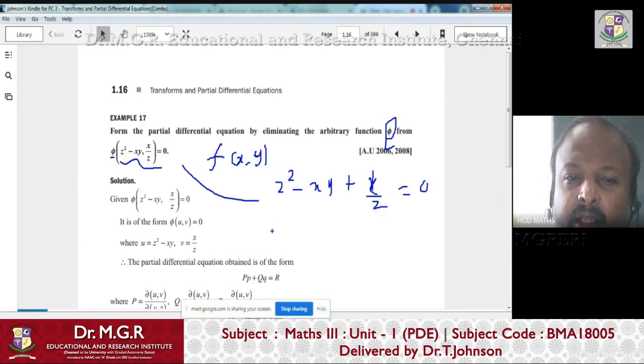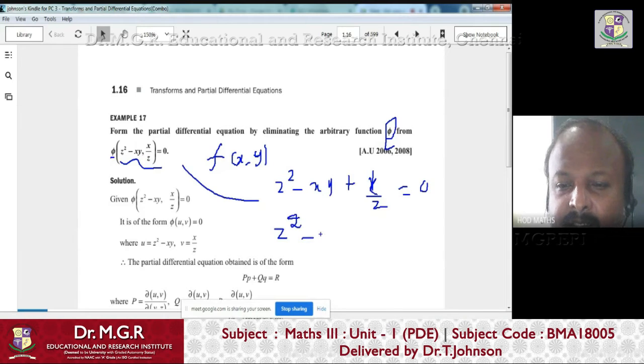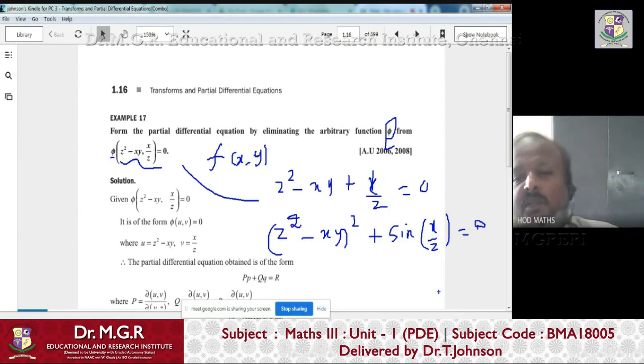Or it may be like z square minus xy, the whole square, and this is sine of x by z. Right? So the arbitrary function is only one arbitrary function, but it has two ordinates. Both ordinates may take any form, right?